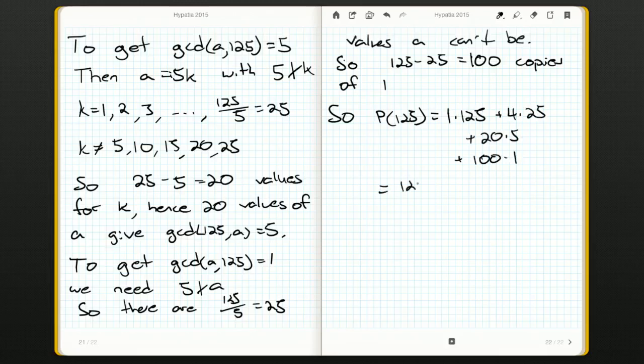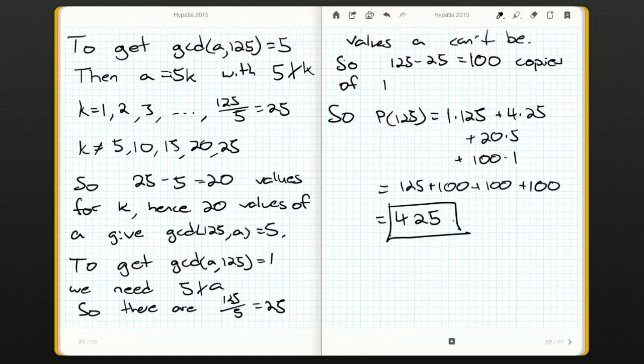That's 125 plus 100 plus 100 plus 100, which is equal to 425. And that's our value of P of 125.